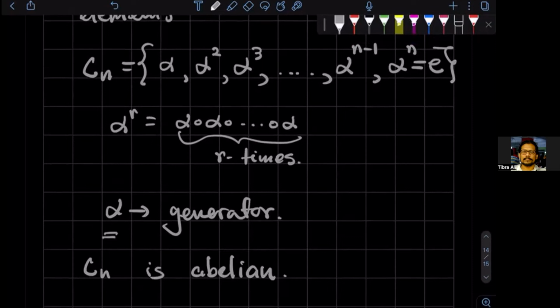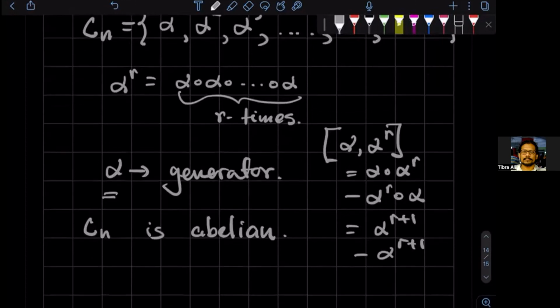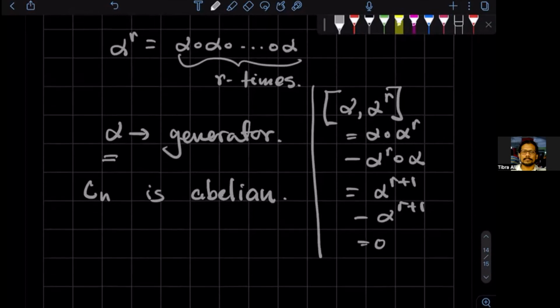Alpha to the power r is alpha composed with alpha r, minus alpha r composed with alpha. So this is alpha r plus 1 minus alpha r plus 1, so this is 0. So it's an abelian group.